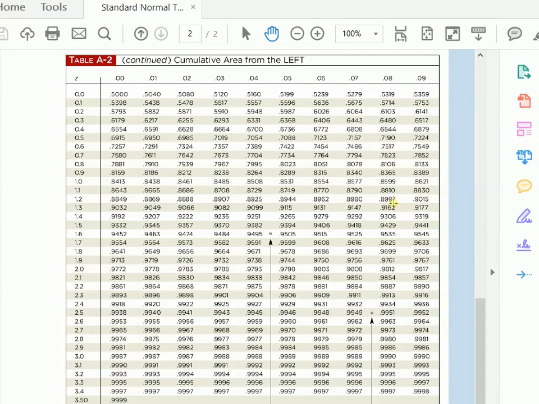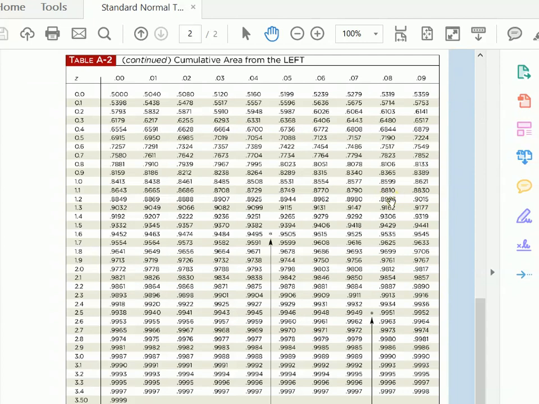Do you notice this? 0.8997 is closer to 0.9 than 0.9015, right? 0.9015 is 0.0015 away from 0.9, versus this is only 0.0003 away from 0.9. So this one is closer.